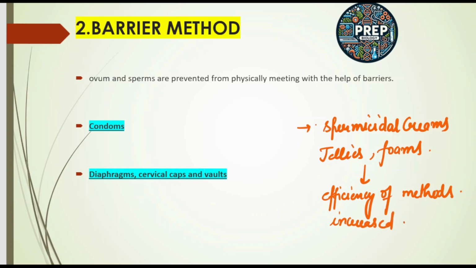So by using different barrier methods, a couple can use different creams, jellies, foams to increase their efficiencies.